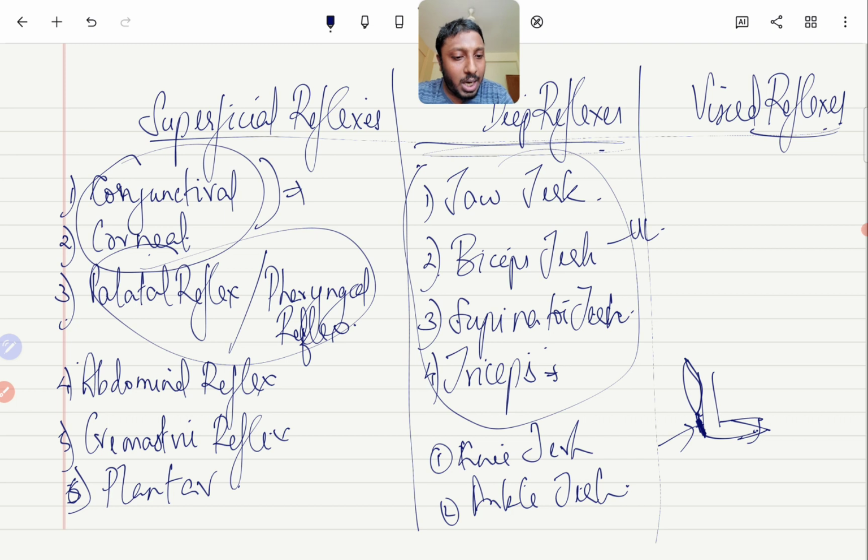You hit here. What happens is this gets stretched like this. When this is stretched, the impulse will go there, and then the motor impulse will come back to the calf so that it contracts. When this contracts, what will happen? This angle will go down like this.